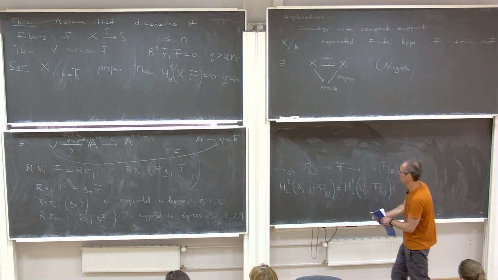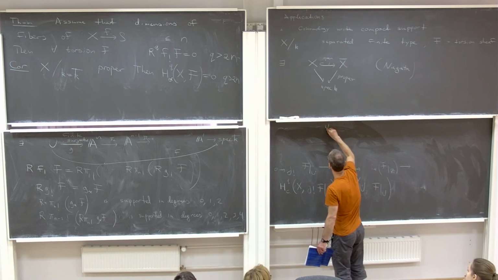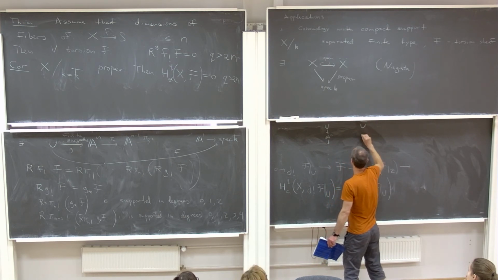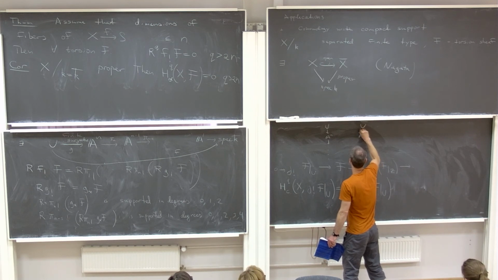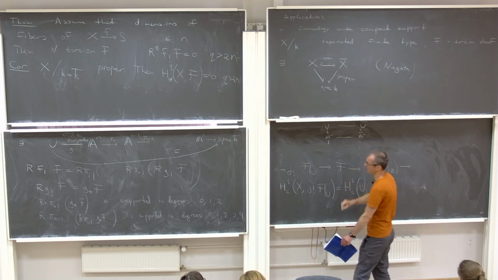So you have X, you have U, you have A^n, you need to choose compactifications such that they all map one to another.